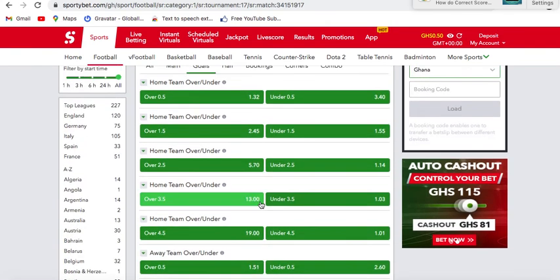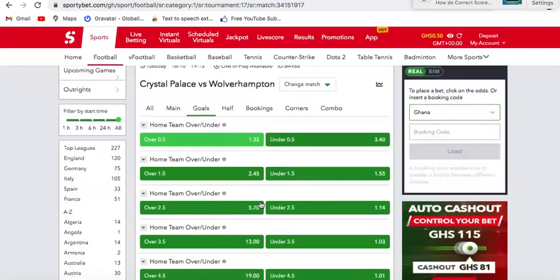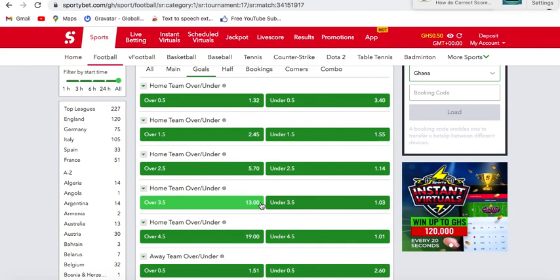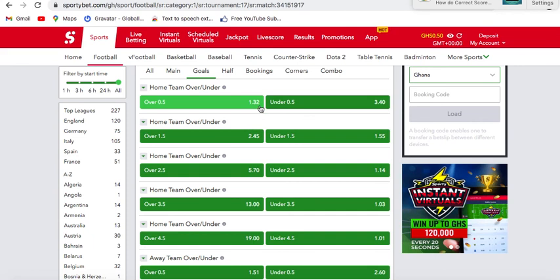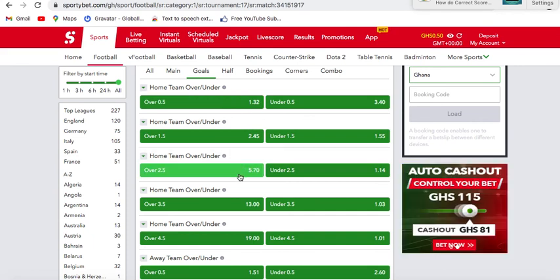So without wasting much time, Sportybet has predicted that this match could end up with 2 goals, and we have shared the goals for the teams: the home team can score 1 goal and the away team can score 1 goal, making it 2 goals.